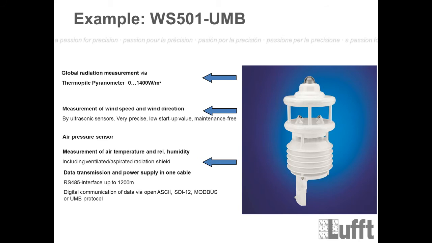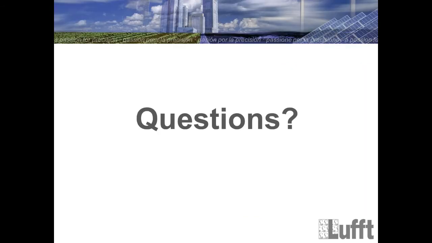The WS501 normally has a Kipp & Zonen CMP3 integrated here, which will give you the value of the global radiation between 0 and 1400 watts per square meter. You can also get a Lufft pyranometer, so this type is called WS502 or 302, which is a Lufft pyranometer, not from Kipp & Zonen. So that's the thing I want to show you also as an additional sensor.